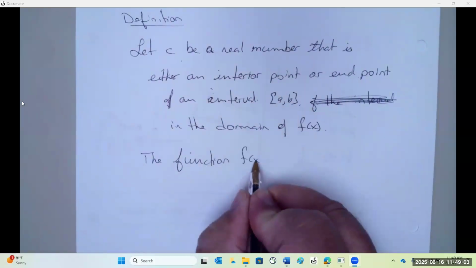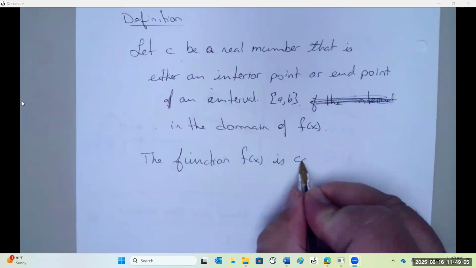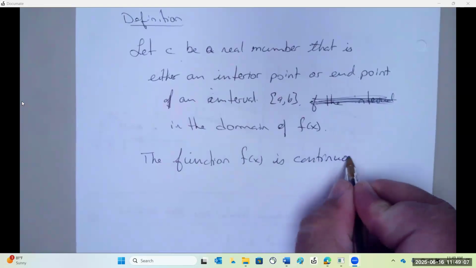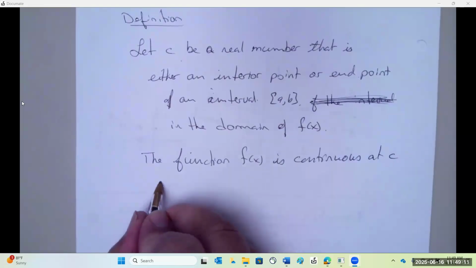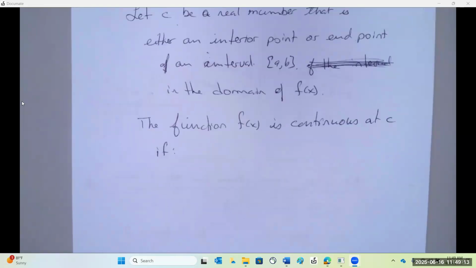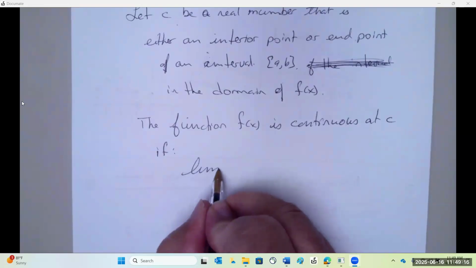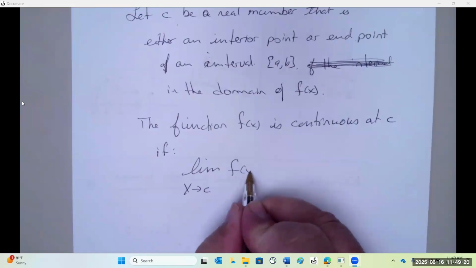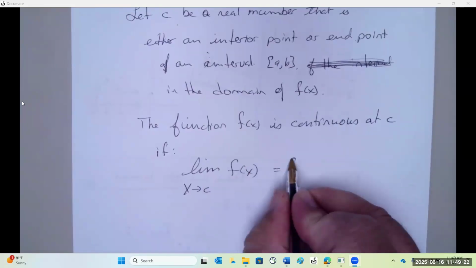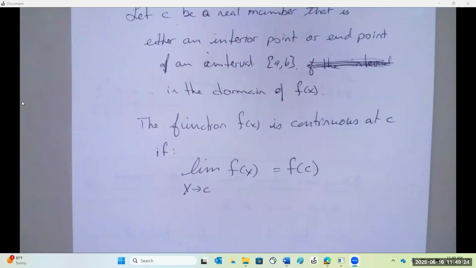The function f of x is continuous at c if the limit as x approaches c of the function equals f of c.